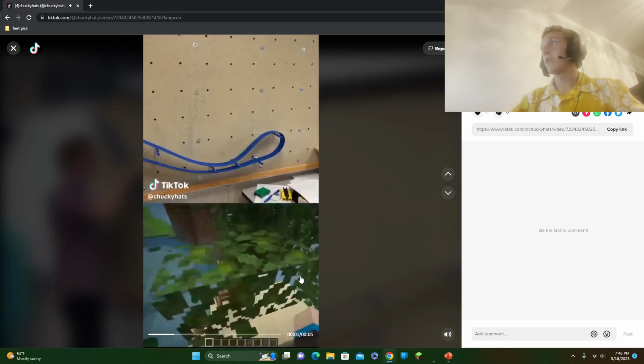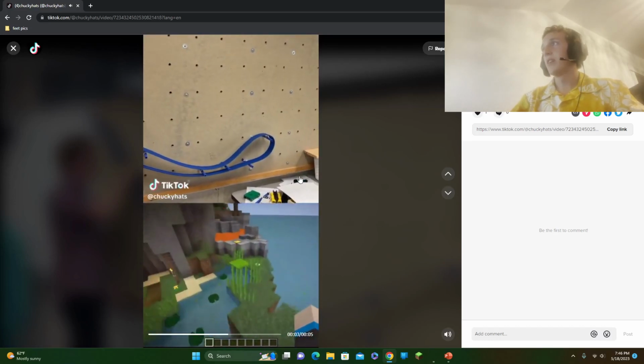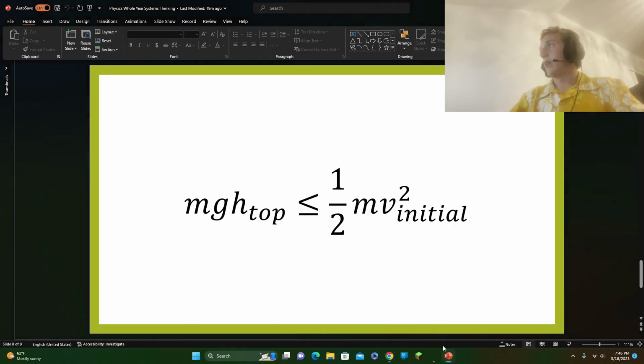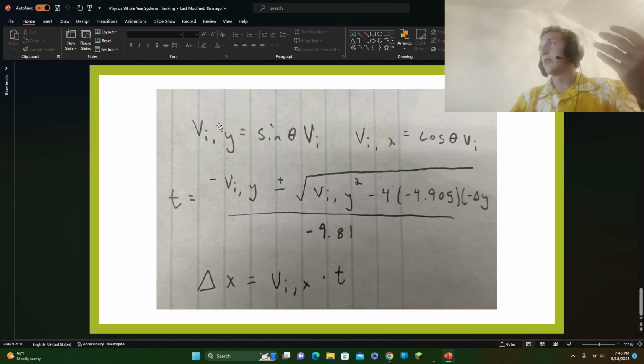But even if it does get over it, that still doesn't solve all of our problems, because it has to reach all the way over to the other side of the board. To figure out if it can do that, we have to use the projectile motion equations. So we'll have some initial velocity that we can calculate using conservation of energy, as I just stated.